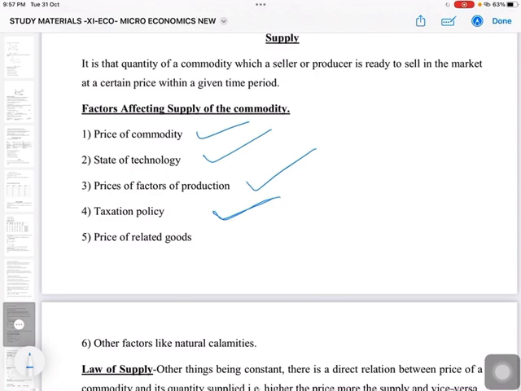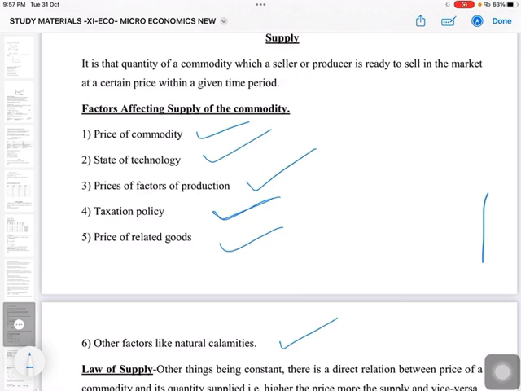And the last factor is other factors like natural calamities. When there is natural calamities like drought, famine, earthquake, the supply of the commodity decline. So these are all about the factors affecting supply of a commodity.